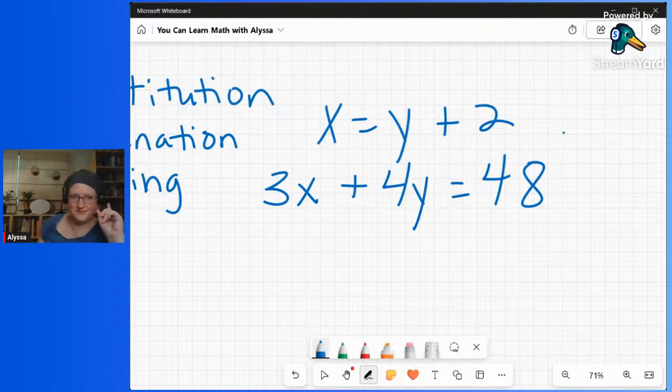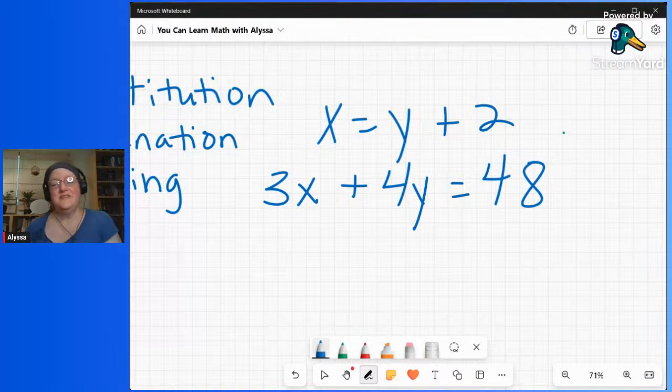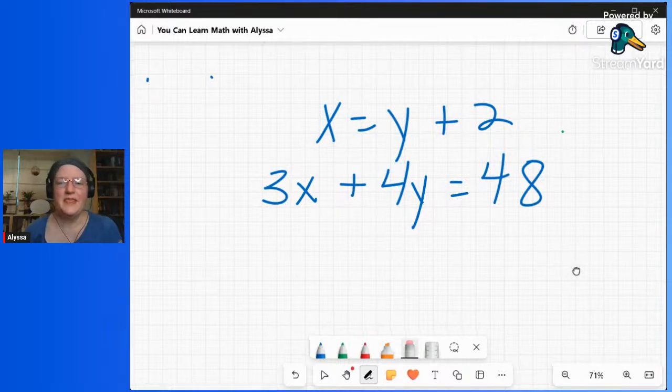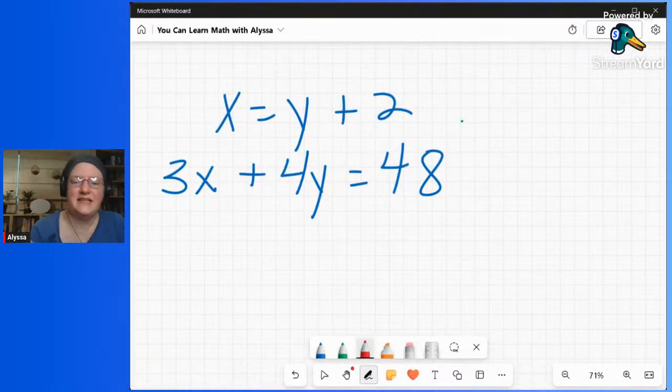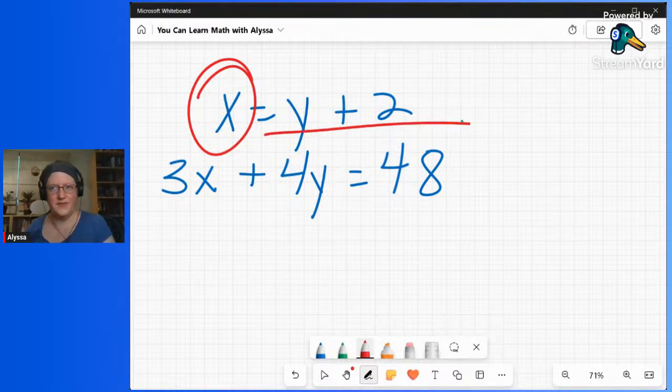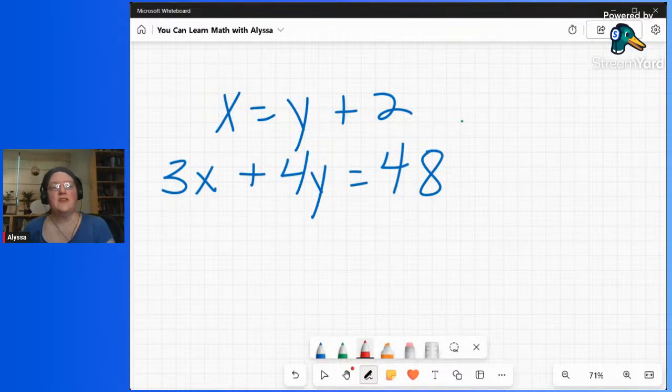Now, to be clear, what I've just provided you right here is not usually what teachers will do when they say they want substitution. They're usually not this nice. They don't give you an isolated variable. And when I say an isolated variable, I mean one variable equals yada, yada, yada. And that's what you want when you're doing substitution for a system of equations. You want either x equals or y equals.